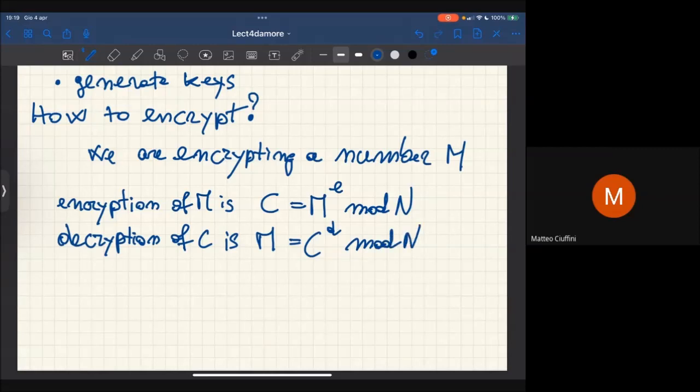Notice, please, that the encryption and decryption operations are quite symmetrical, and you can exchange. This means that this encryption is encrypting by using the public key. This is public.